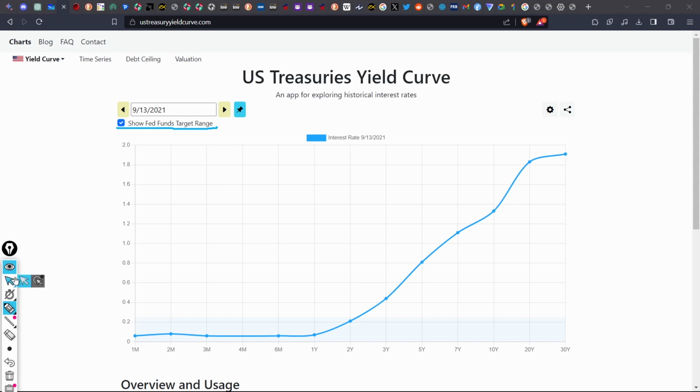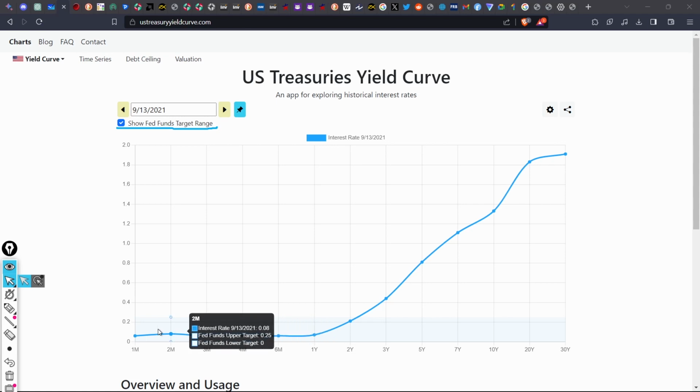And during this time, 2 years ago, the federal funds target range was 0 to 25 basis points. This is where it was. So around this time, the Fed was keeping these short-term rates very low to stimulate the economy.